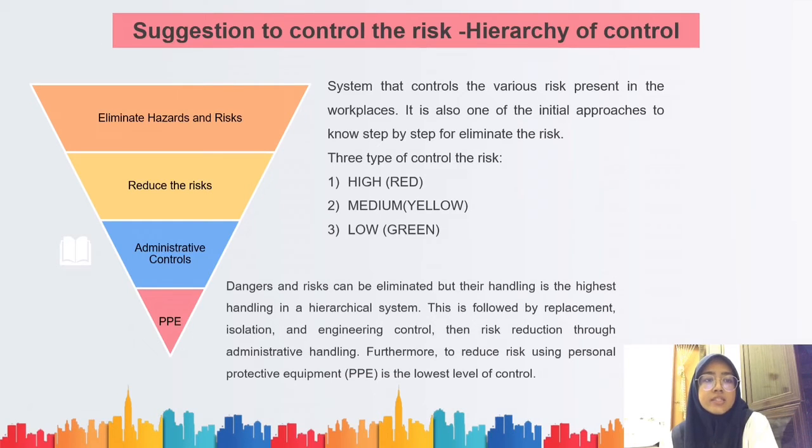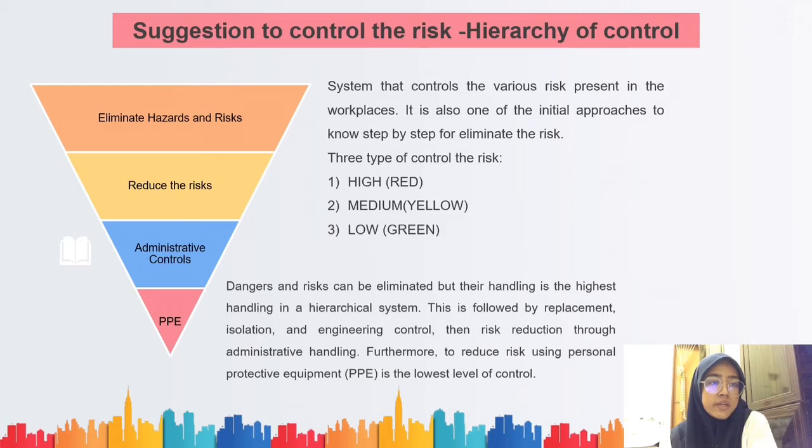Hierarchy of control is a system that can control risk in the factory. It's also one of the initial approaches to know step by step how to eliminate or reduce risks. There are types of risk control, from the highest level to the lowest. Danger and risk can be eliminated by the highest handling in a hierarchical system.